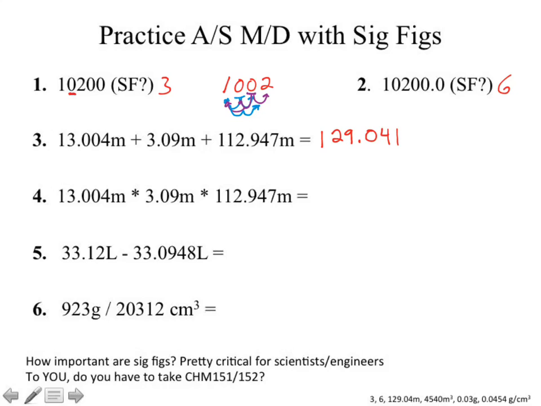The least accurate place is the 09, so it's the hundredths place. So when we look at our number, that's our least accurate number. And there's meters on the end. There's our answer plus our meters for our unit. So remember, addition and subtraction go to the least accurate place.